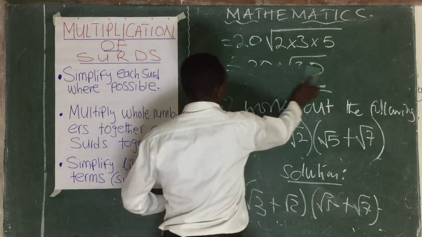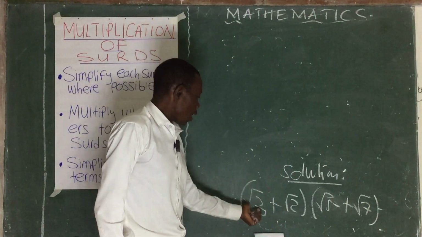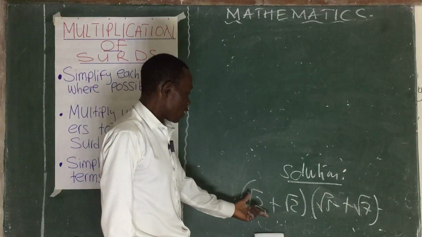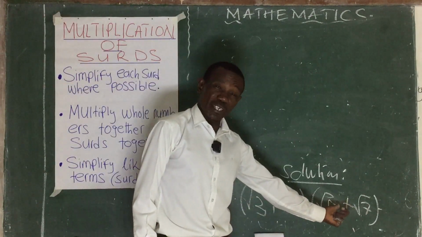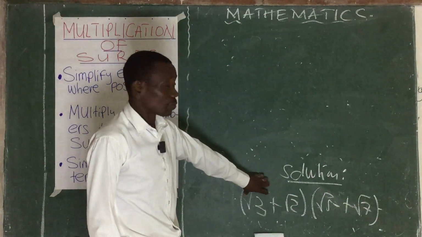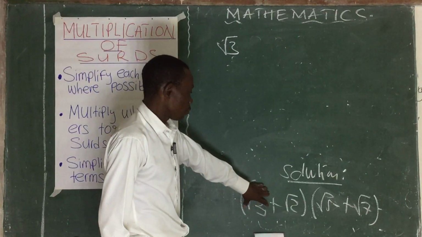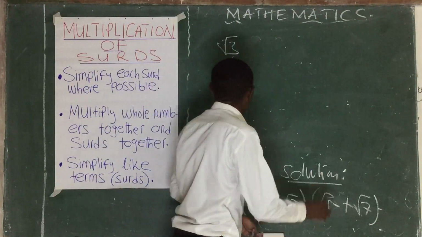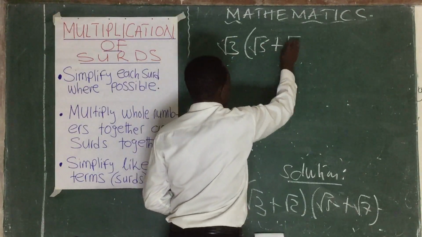So here we go. Look at this. Here, every term in the first bracket multiplies every term in the next bracket. So I'll consider root 3 first. Here I write root 3, the first term, multiplied by the terms in the next bracket, written like this: root 5 plus root 7.